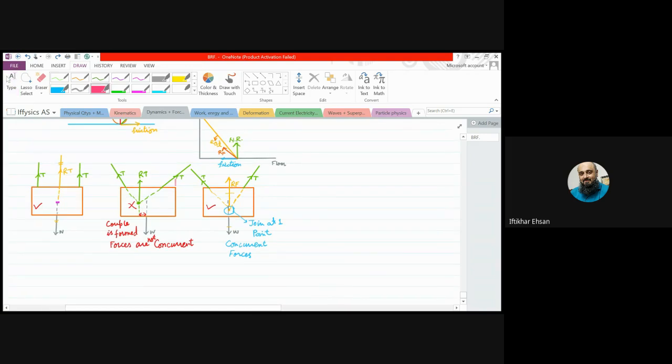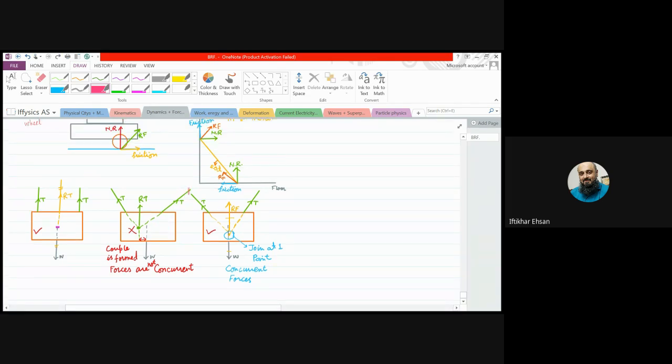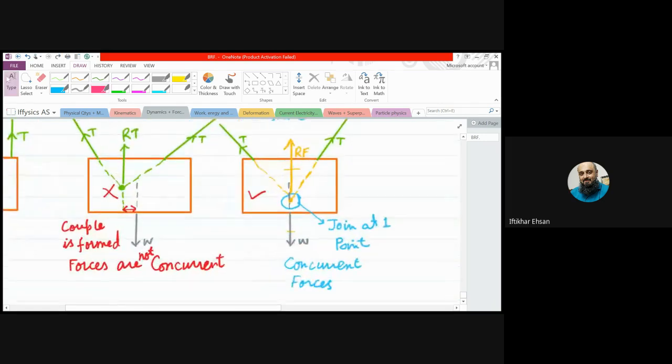But here, if you see, we have two angled tension forces, as the strings are angled. This is not in equilibrium. Why? The reason is, if you extend both the tensions backward, they join at this point, and the weight is acting at the middle. They are not acting at the same point.